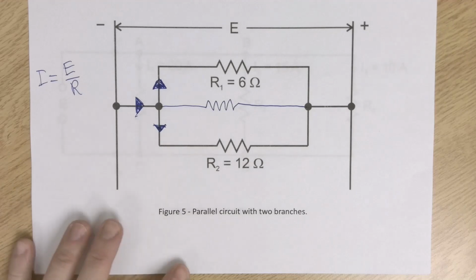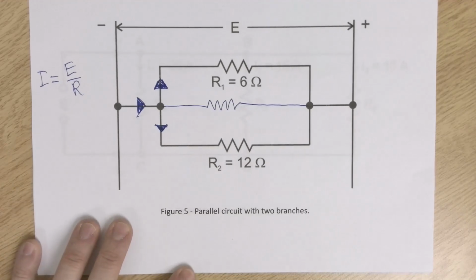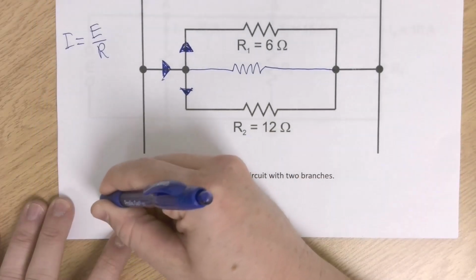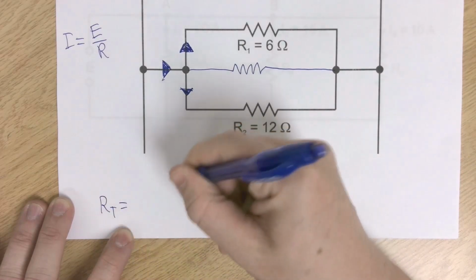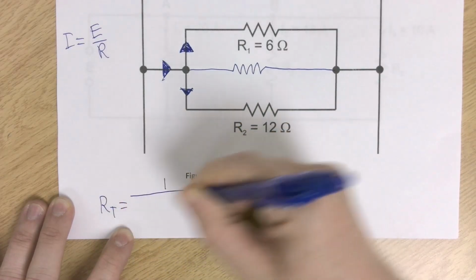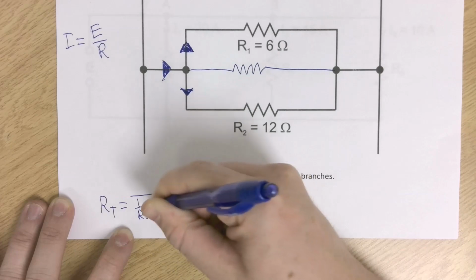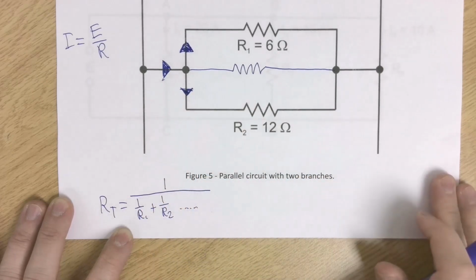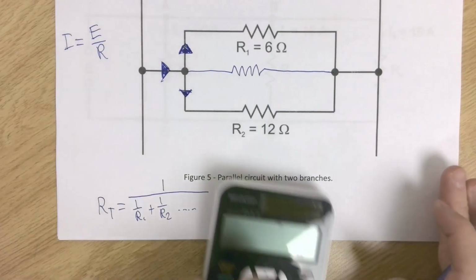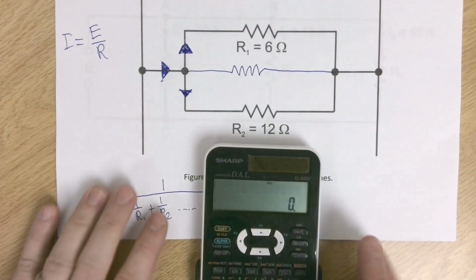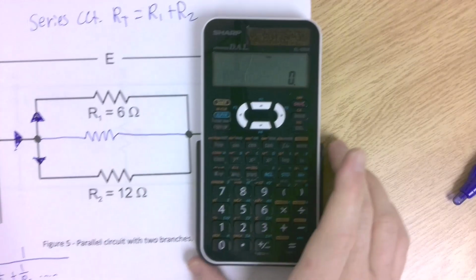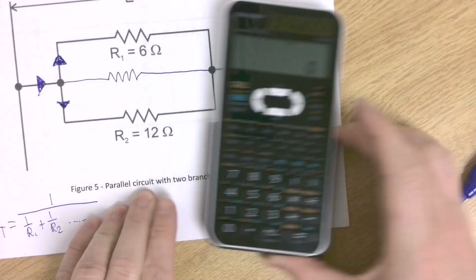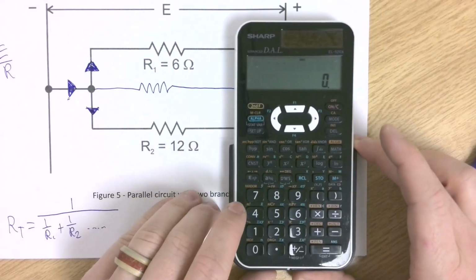So one way that the module shows you how to calculate total resistance is R total equals 1 over R1 plus 1 over R2, so on and so forth. For this circuit, for example, let's take this 6 and 12 ohm resistor.